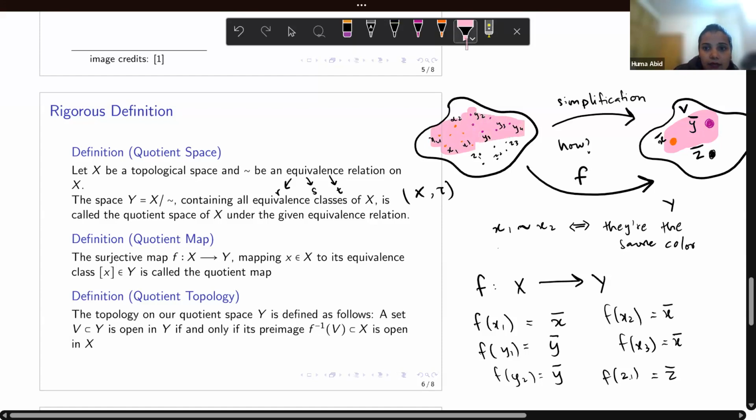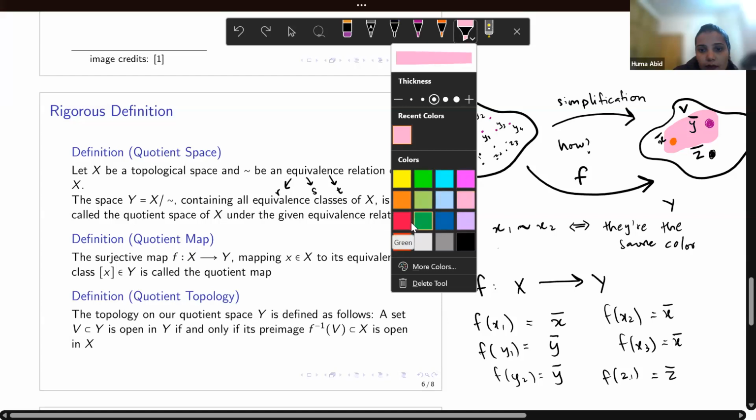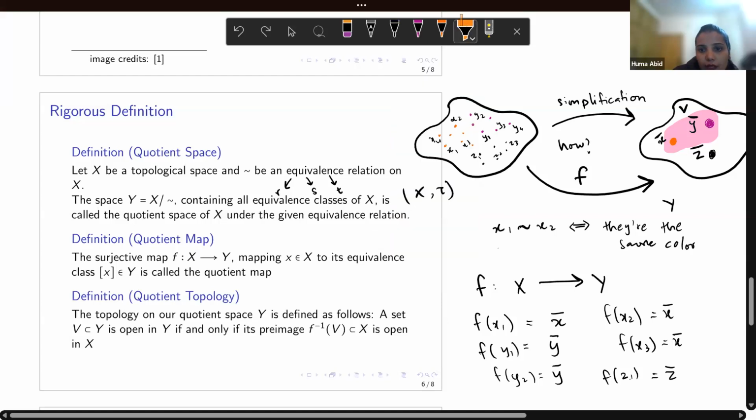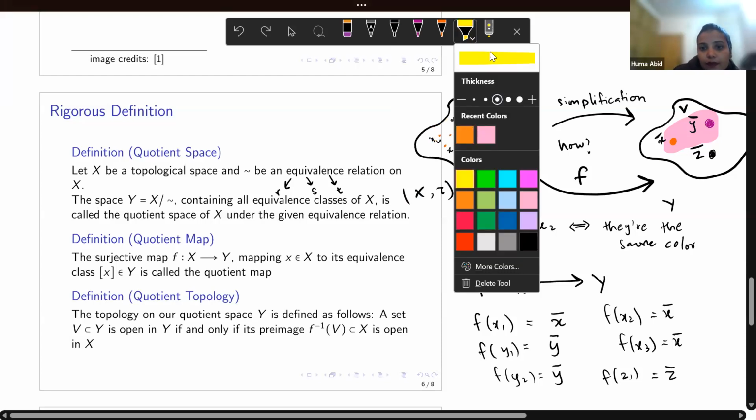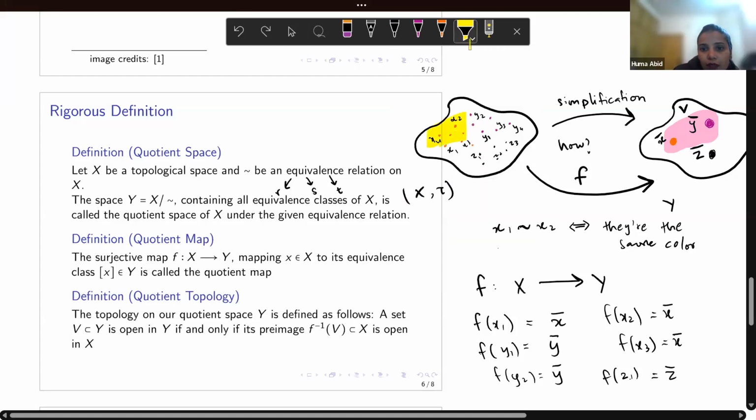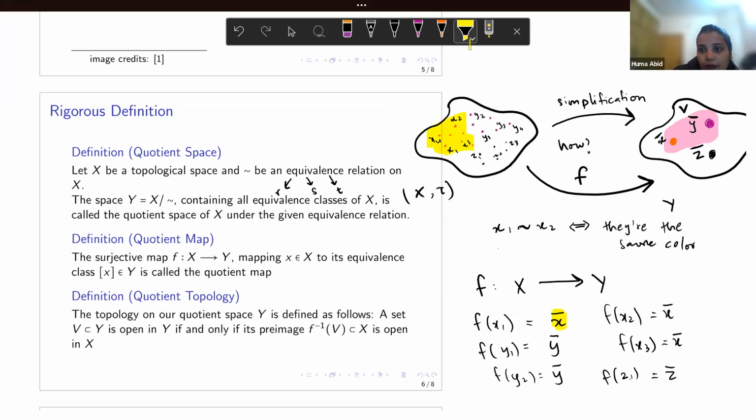Maybe I should use a different color for X. So the pre-image of all the X bars, if you remember, are all the orange points, and the pre-image of Y bar are all these purple points, right? So this yellow shaded region is now the pre-image of the set V.